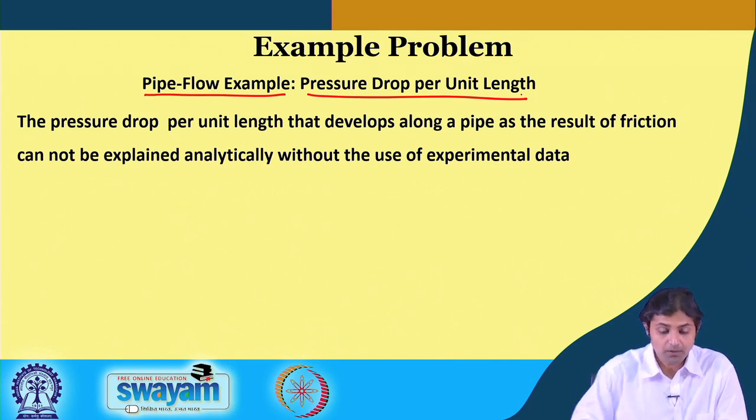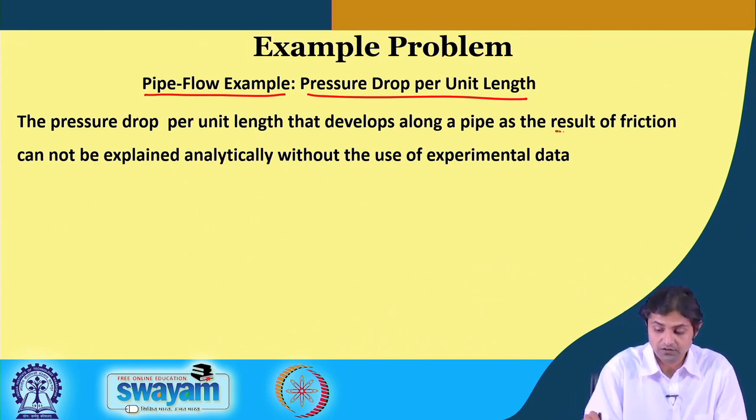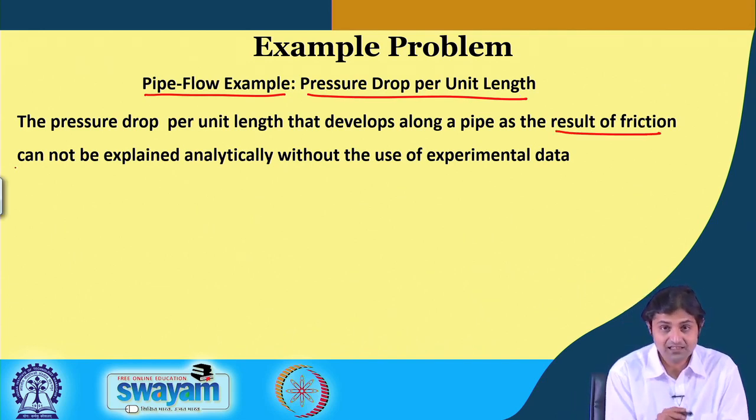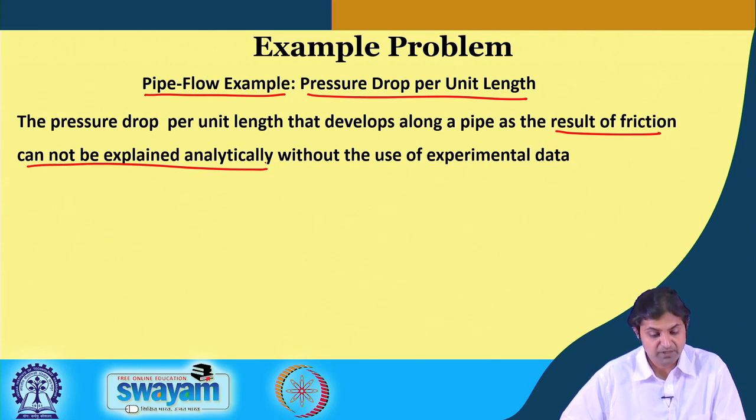The pressure drop per unit length of the pipe that develops along it is a result of friction. And this phenomenon cannot be explained analytically without the use of experimental data. Many people have tried to explain it on the basis of analytical results. Analytical is more called mathematical analysis, but without the use of experimental data, this phenomenon cannot actually be explained in full detail.